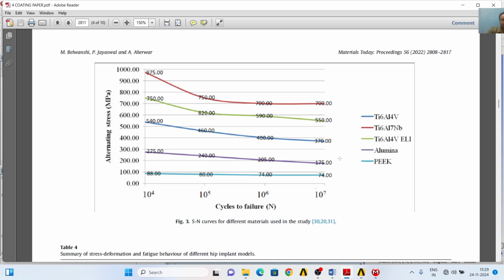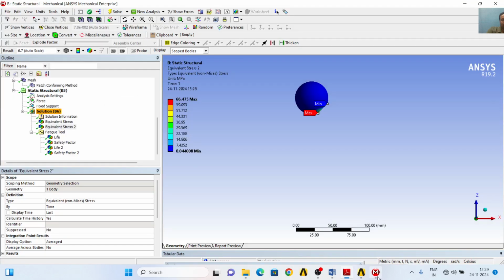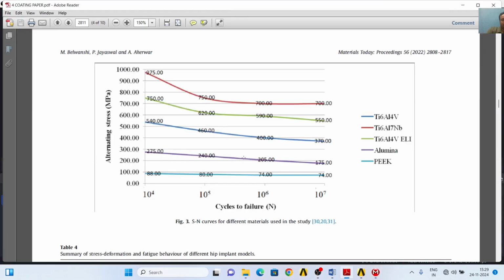So for surviving 10 to the power 7 life cycles, we need the maximum stress occurring in the head to be below 175. So the head will survive only if the maximum stresses here are less than 175 megapascal for 10 to the power 7 cycles.